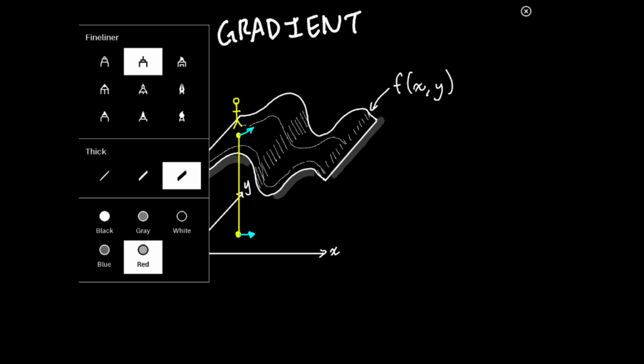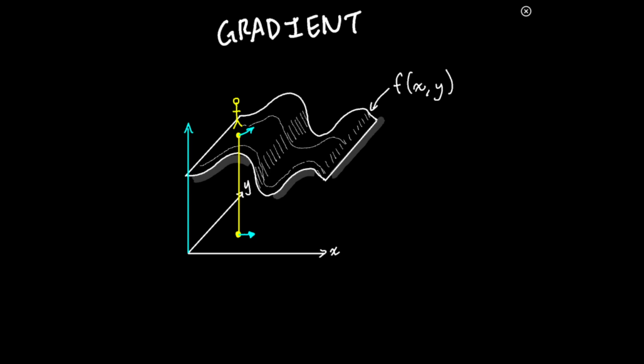So if you were looking at this, we have our original function, and then we write our gradient function like this, sort of an upside down delta character, of f of x, y.